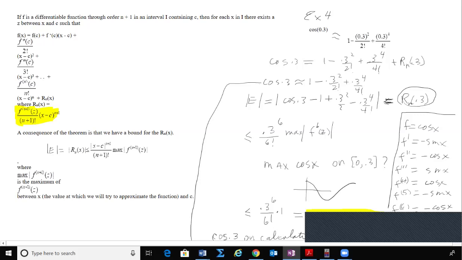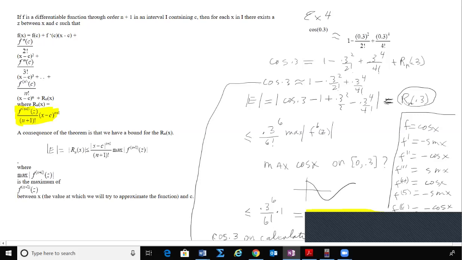So we just need to figure out the maximum of the sixth derivative here. Okay, well, I did the derivatives in here and I got negative cosine. Well, the cosine, we want the maximum of the absolute value of that derivative. So we're just looking at the cosine, which looks like this. And it has a maximum of 1 and occurs at x equals 0.